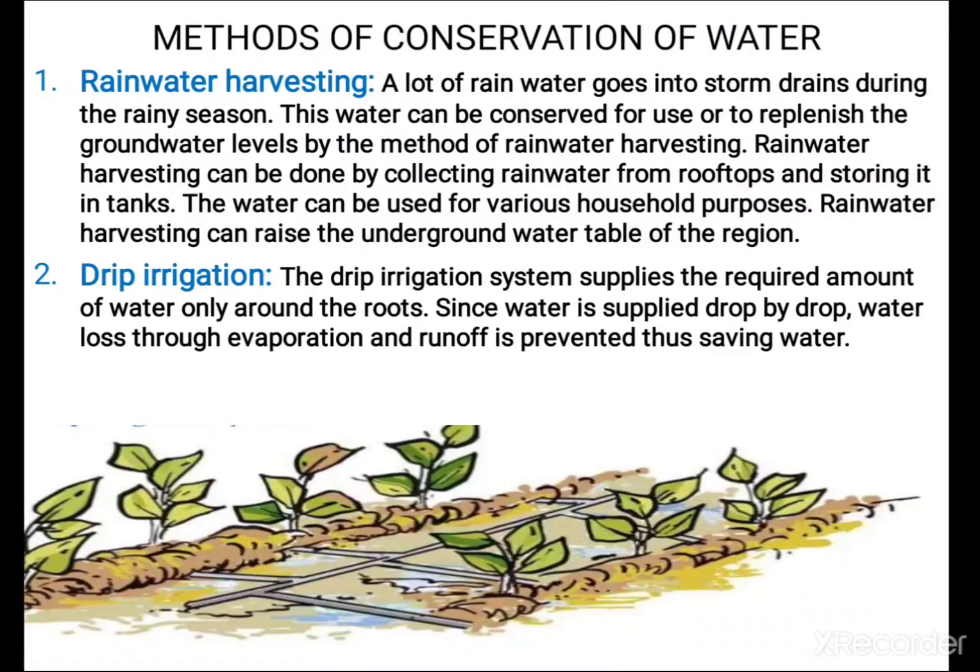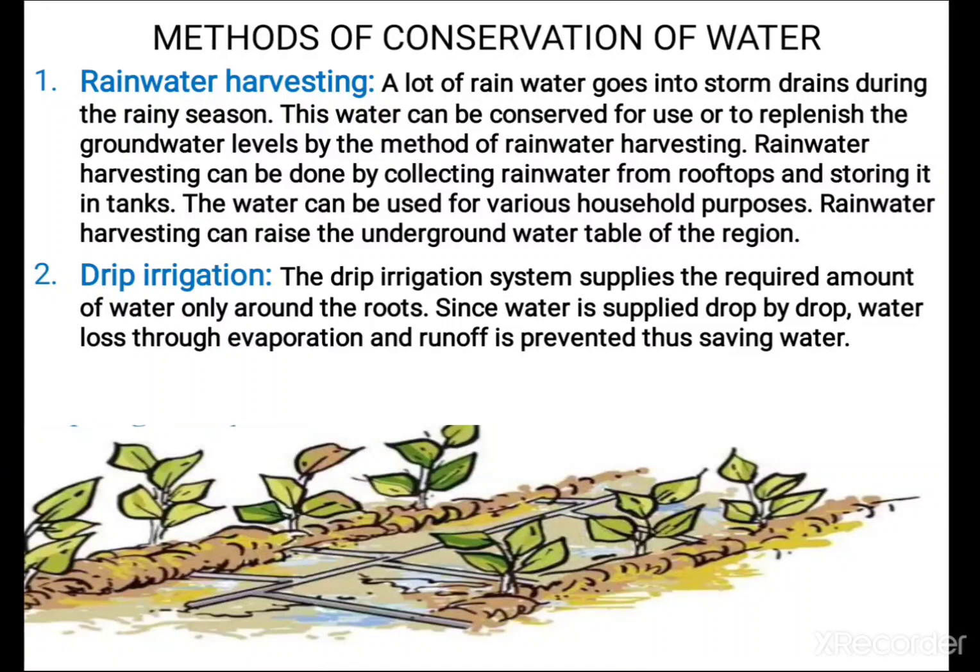Methods of conservation of water. Rainwater harvesting. A lot of rainwater goes into storm drains during the rainy season. This water can be conserved for use or to replenish the groundwater levels by the method of rainwater harvesting.